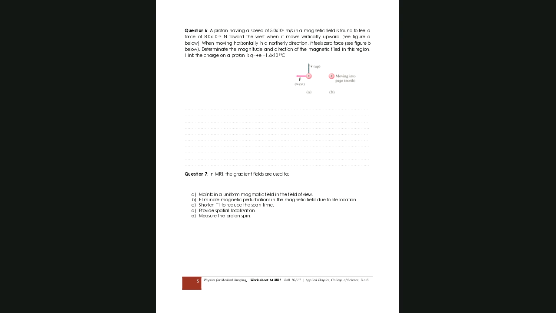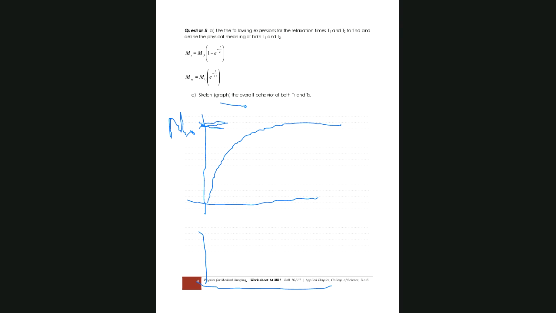Before I go, he asked you to sketch the graphs. So remember, for T1 and for T2. For T1, it's something like this, the maximum value here is M0, and for T2, it's something like this, and it starts from M0. And this is your saturation, this is your 0, and that's your infinity somewhere.